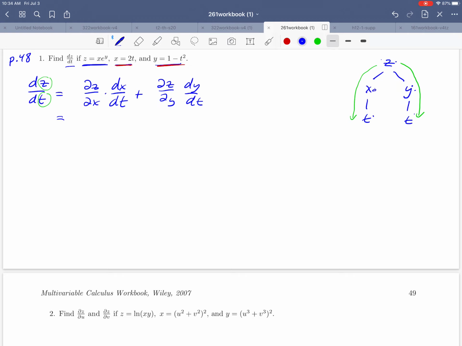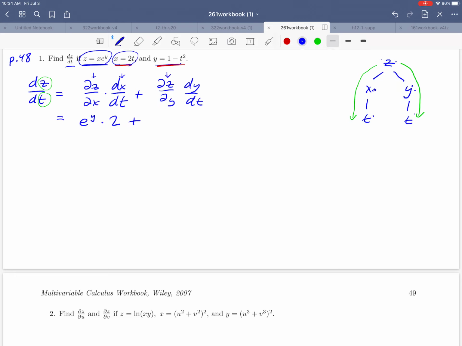Starting with partial z partial x, here's our formula for z. What would the partial derivative of that be with respect to x? The derivative of x is 1, and the e to the y just comes along for the ride. Next we come to dx/dt. When you take the derivative of x with respect to t, you get 2.